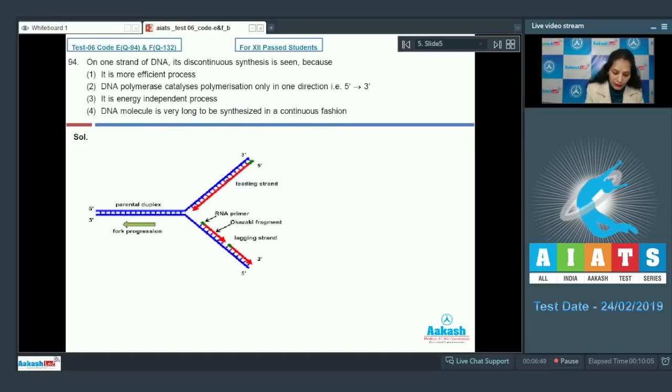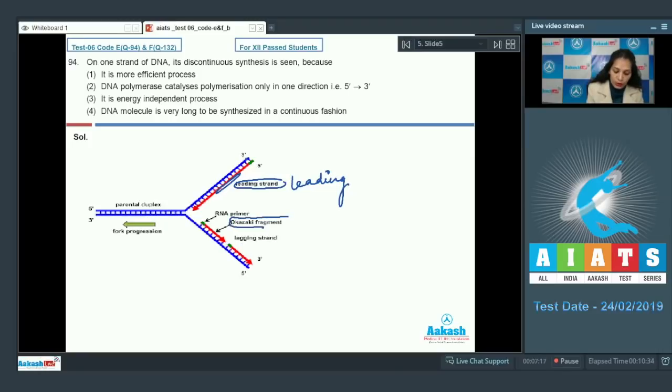During DNA replication, if you remember, there are 2 strands of DNA and these strands are called the template strands. Both of them are template strands, but on one strand there is continuous synthesis of the daughter DNA and this strand is called the leading strand, whereas on the other strand, there is synthesis of DNA molecules in fragments.